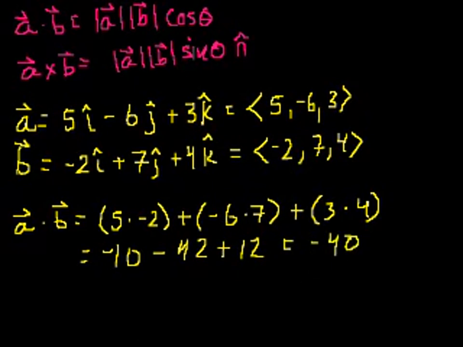That's it. It's just a number. And I'd actually be curious to graph this on some type of 3-dimensional grapher to see why it's minus 40. They must be kind of going in opposite directions, and their projections onto each other go in opposite directions, and that's why we get a minus number. But the purpose of this video, I don't want to get too much into the intuition. This is just how to calculate, and it's fairly straightforward.